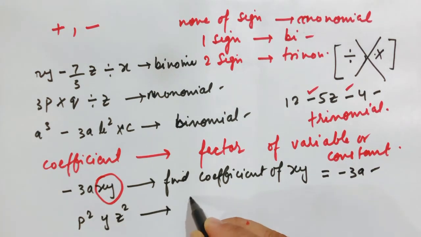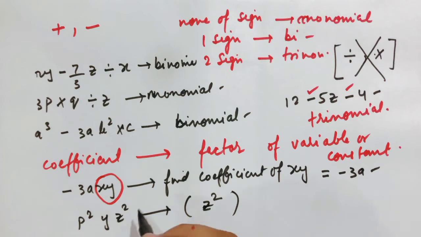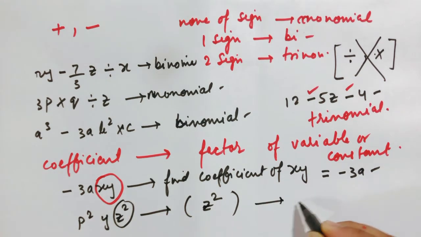Find the coefficient of z square. So you can quickly remove the z square and here you will get your answer as p square y. This is the coefficient of z square.